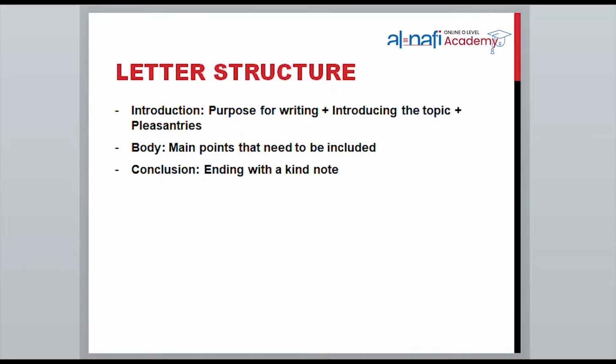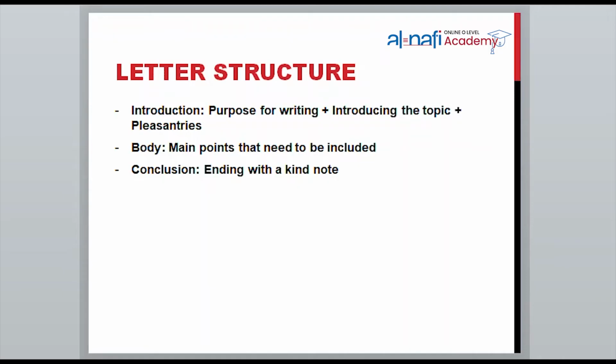So you can start off the letter by saying, Dear Sir, in a formal setting, I'm writing to, and then you mention the reason for writing. I'm writing to apply for the job post, for example, or I'm writing to inquire about a job vacancy perhaps, or perhaps you're writing to a university to inquire about the availability of a certain course in a certain semester.